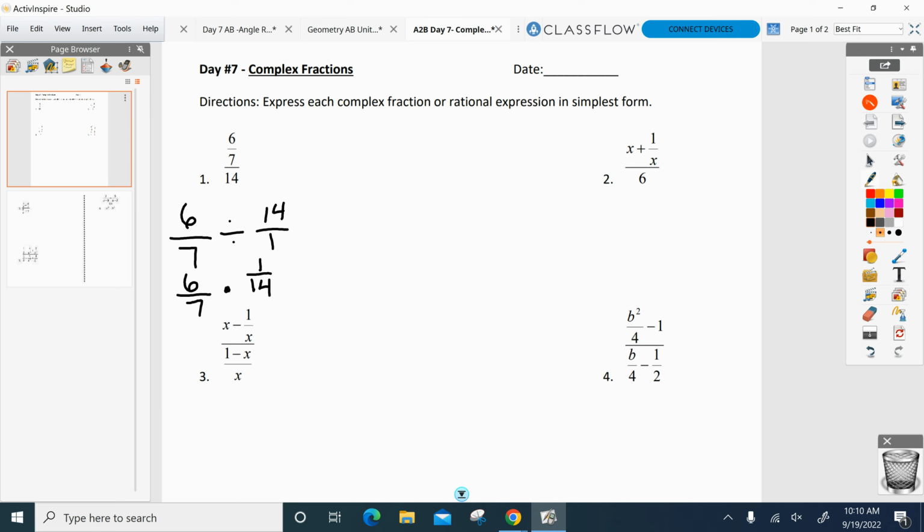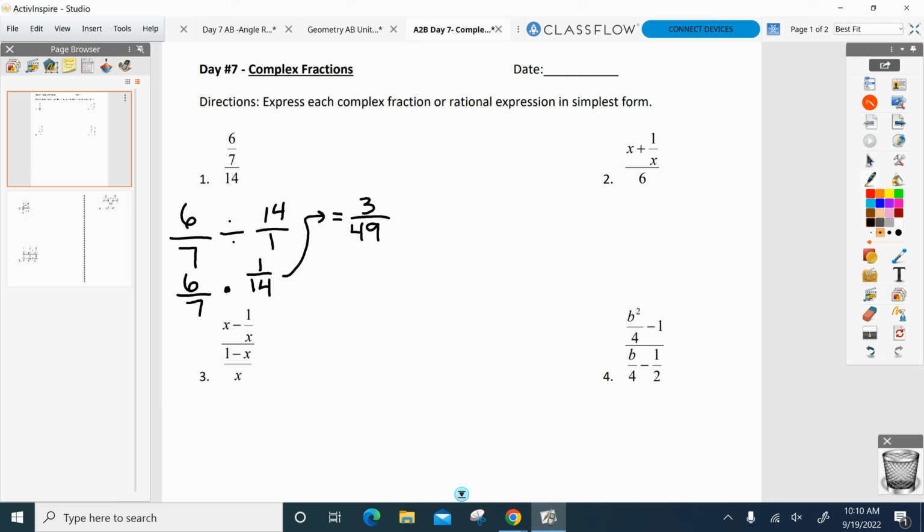If there's no variable, go ahead and use your calculator. 6/7 times 1/14. What's that one? 3 over 49. Yep.